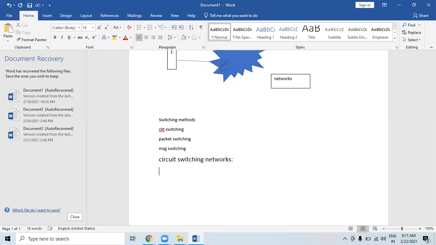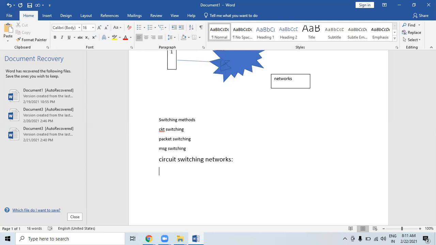The circuit switched network operates in three phases: setup phase, data transfer phase, and teardown phase. Circuit switching corresponds to the physical layer. Before starting communication, in the setup phase, resources are reserved for the duration of the communication, such as switch buffers and input/output ports.